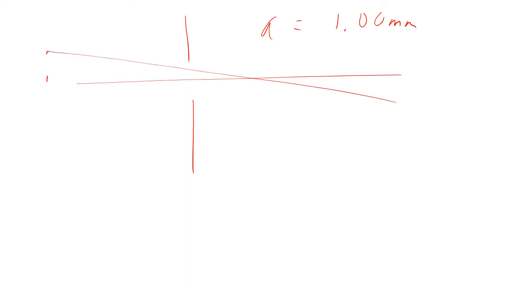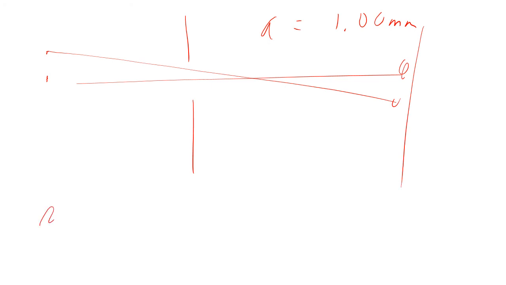Let's try another example. Now let's say that we have an aperture here, and the aperture size is 1 millimeter. Then we have two light sources over here shining through, and I want to separate them.